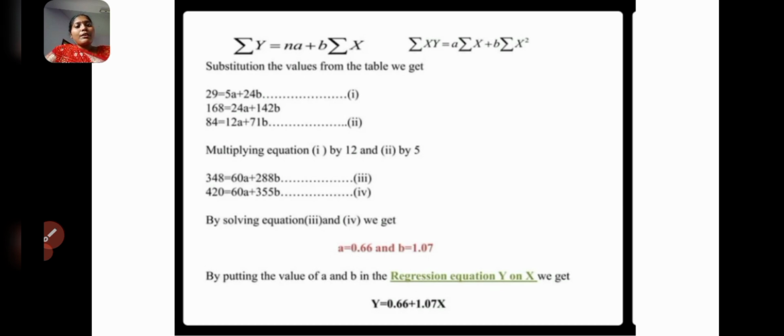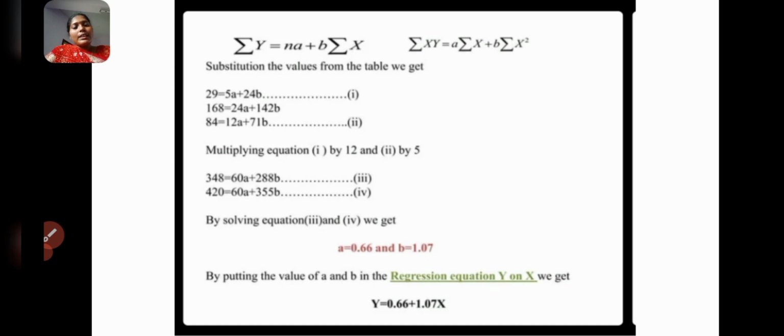Now we have four equations. Then we solve these four equations by the elimination method. We have to eliminate one of the values and then find the other value. Finally we get two values: a equal to 0.66 and b equal to 1.07.